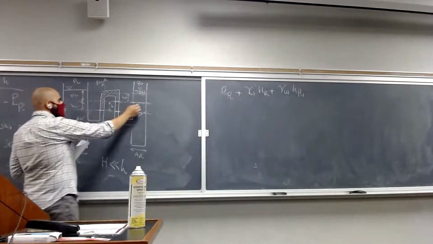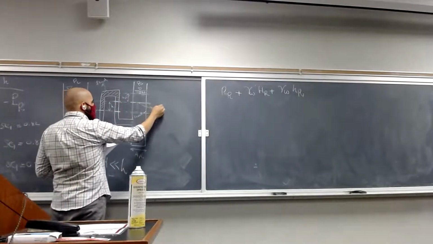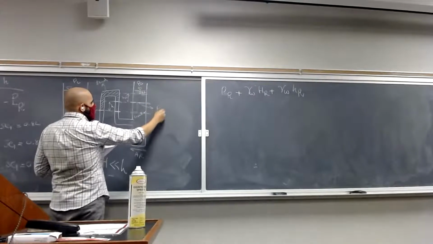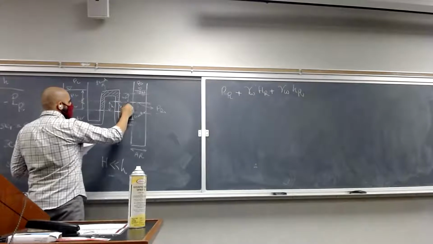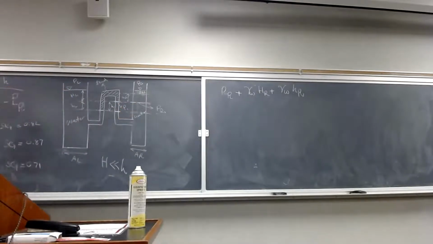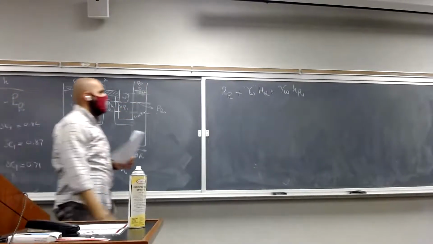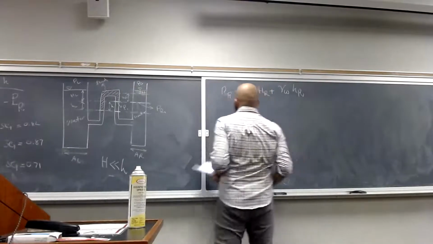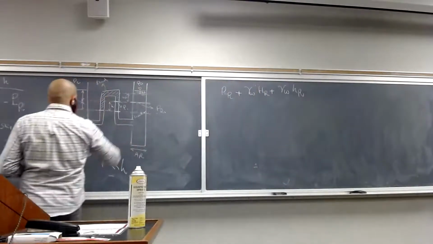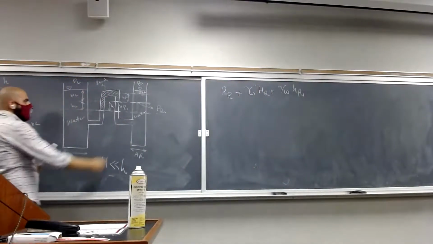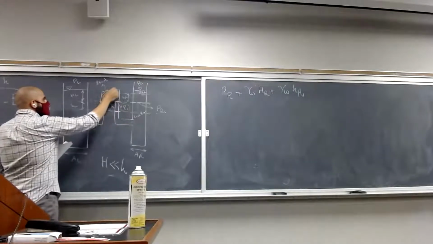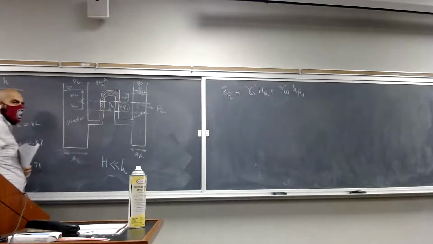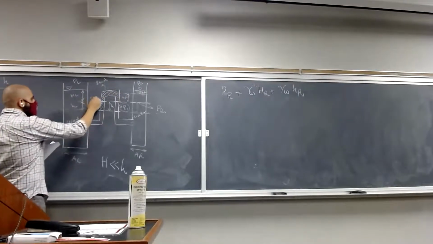Then essentially, we have the pressure at this point. Let's call it point R1, and let's call it point 1. We have the pressure at these two points, and they are equal to each other. Then we want to move to this tube right here. If you have the pressure here, we are going to have the same fluid in this tube, which means that we have the pressure here. So P2.